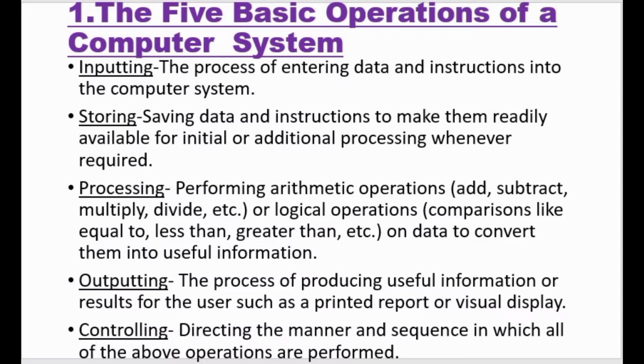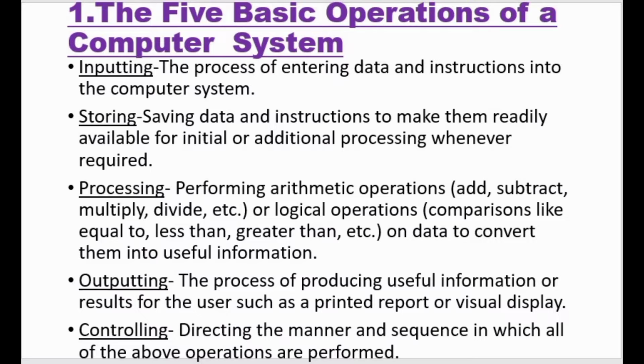The first one is the basic operations of a computer system. In a computer system there are five basic operations. First one is inputting, storing, processing, outputting, and the last one is controlling. In the first one, inputting means anything we can input.